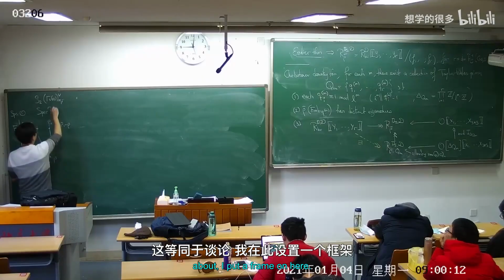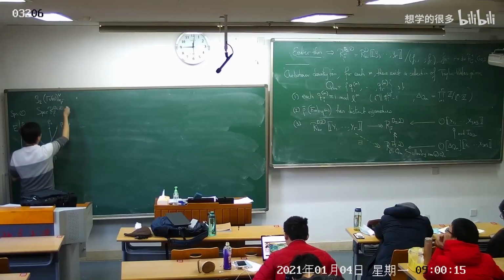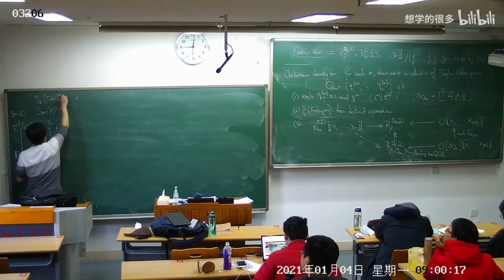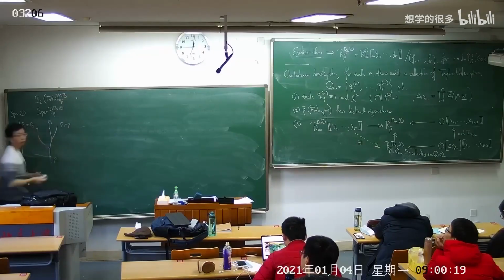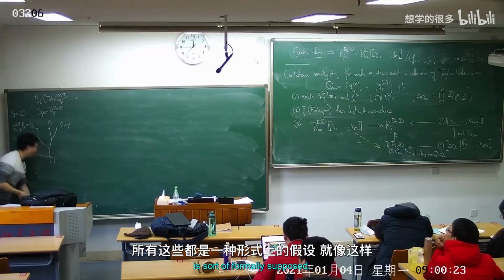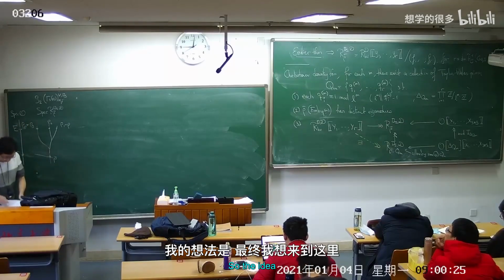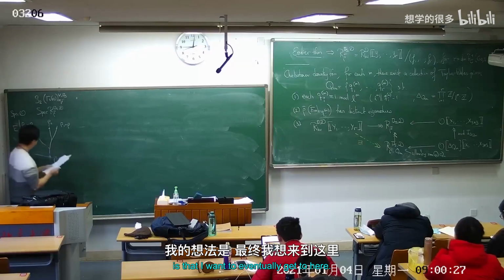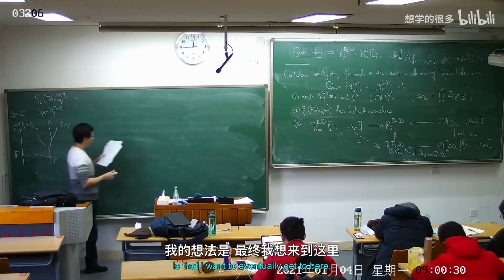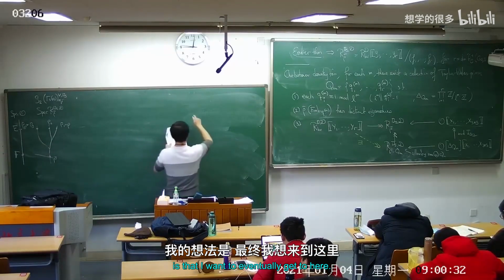I put a frame on here, and similarly I put a frame here, and again I want to show full support. It doesn't change anything, because everything's formally smooth, so that's okay. So the idea is that I want to eventually get to here.